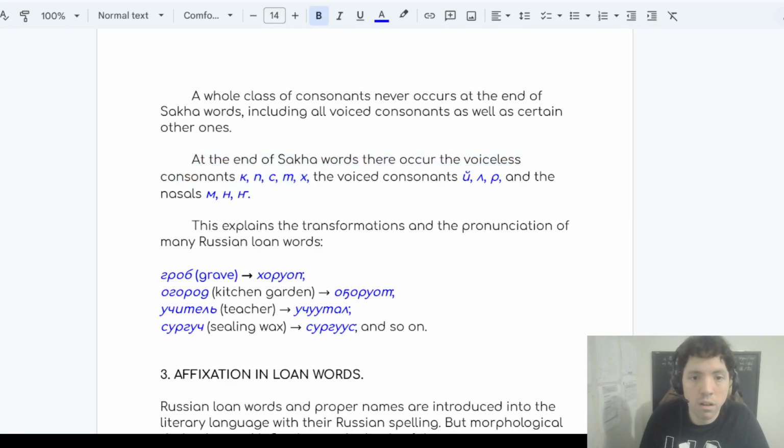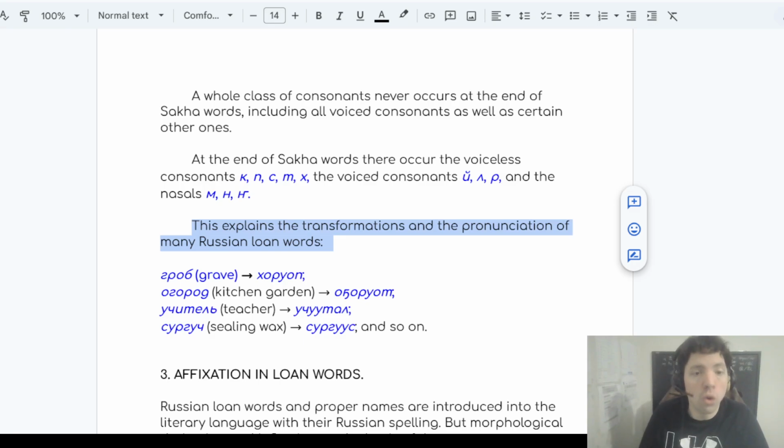For instance, in some languages, they call the one that looks like a C an S. But I just say the sound for the sake of the lesson. Okay, k, p, s, t, ch, the voiced consonants y, l, r, and the nasals b, n, and ng. This explains the transformations and pronunciation of many Russian loanwords.